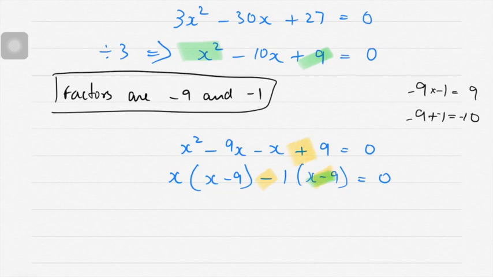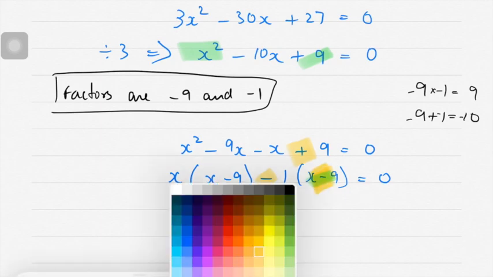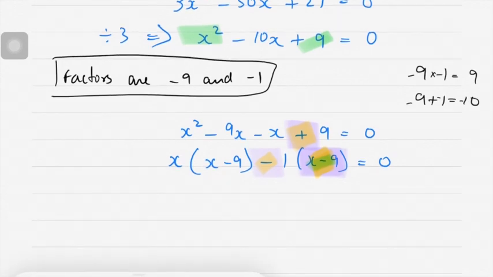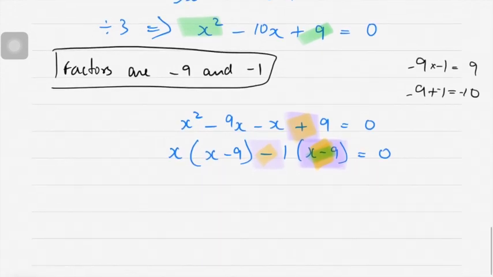Okay. Why is this not plus 9? Because minus into minus is plus. Okay. If you put x plus 9 here, what will happen? Minus plus will become minus.